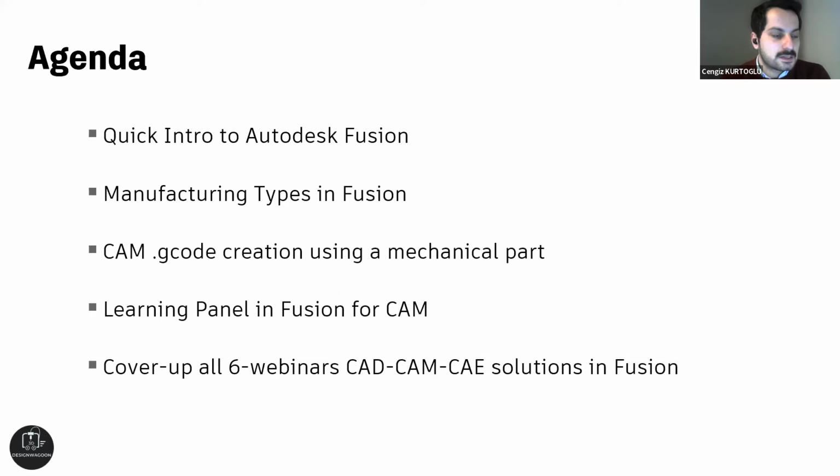In today's agenda, we'll start with Autodesk Fusion, what's in it. We will have a quick intro, and we will pass to the extension of the manufacture workspace in Fusion. There are different types of manufacturing tools available in Fusion, like subtractive, additive, and also we'll mention creating G-code in Fusion directly using a mechanical part.